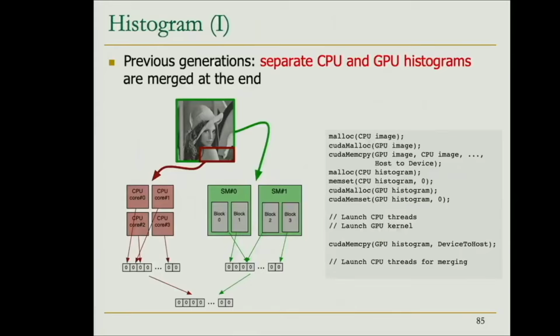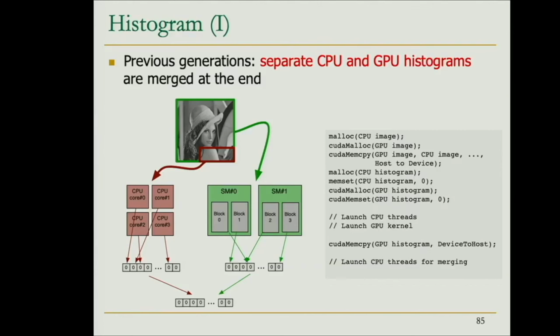I think I already mentioned this example. This is a histogram calculation for an image. This would be the traditional thing. In the traditional approach, I need to assign part of the image to the CPU and part of the image to the GPU. Each of them has its own subhistogram, and finally I need to merge or reduce them.